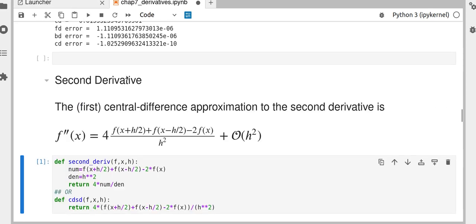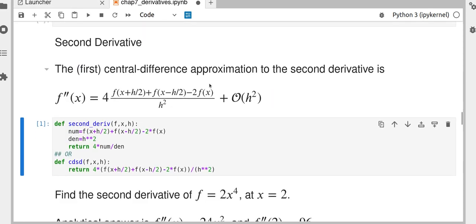For the second derivative, we'll go straight to the central difference approximation, because we know that it is more accurate than forward difference and backward difference. The formula is given as f prime prime of x, that's the second derivative, d squared f over dx squared.